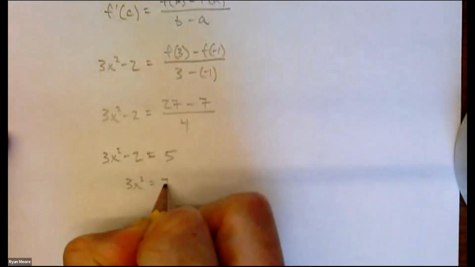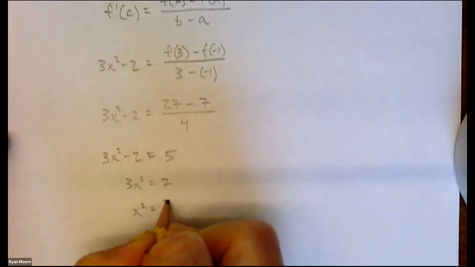So we got 20 divided by 4 is 5. All right. Now, if we solve for x, we'll have it. Not too bad. We can just add, divide by 3, square root, make sure there's a plus or minus there.